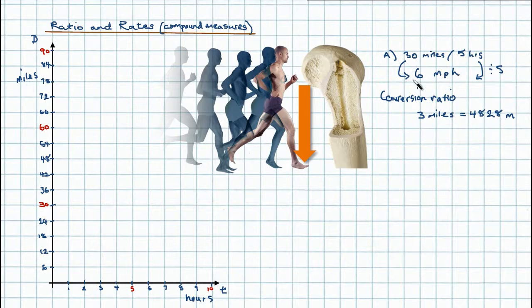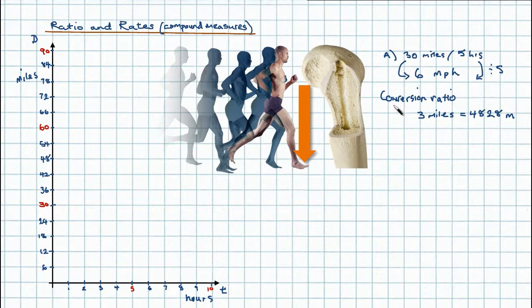Now, a good idea here when we're converting something like this is to think, well, do I want to scale up this number or do I want to scale it down? And I want to scale it up. I want to have meters now per hour, and then I'm going to have meters per second. But I'm going to start with meters per hour.